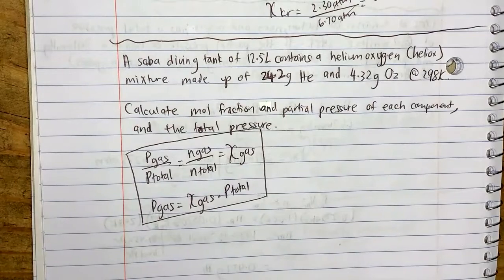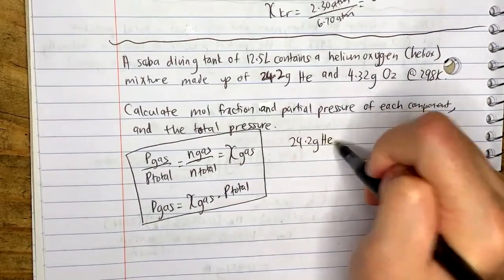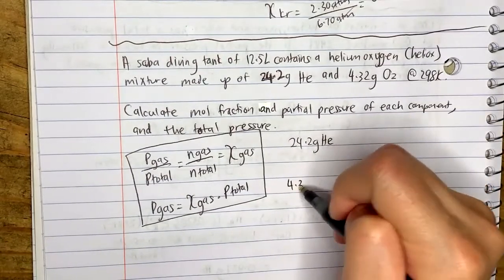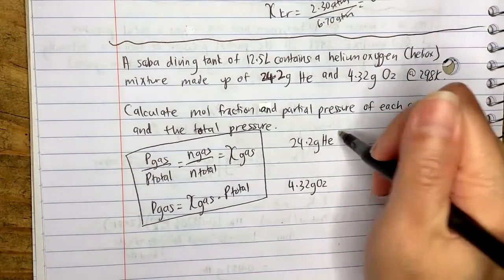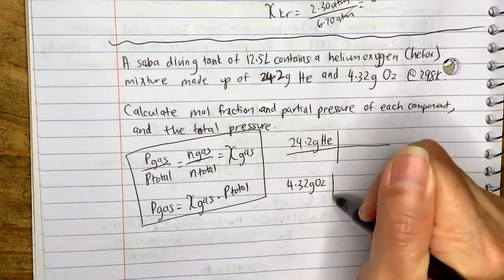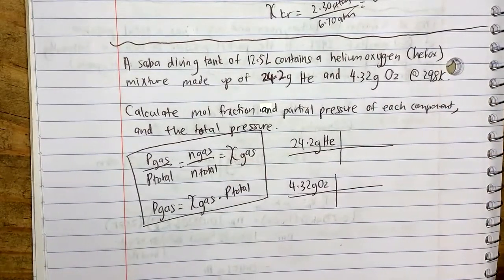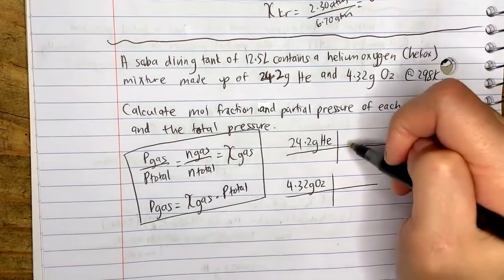Okay, so we have 24.2 grams of helium and 4.32 grams of oxygen. Let's go ahead and convert them to moles first, because you need mole fraction, right? Gotta do that.